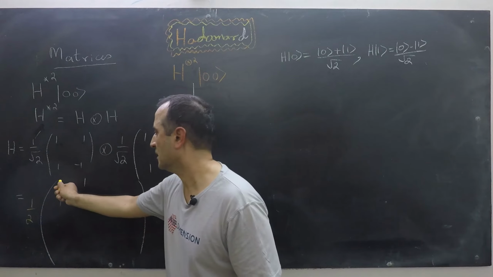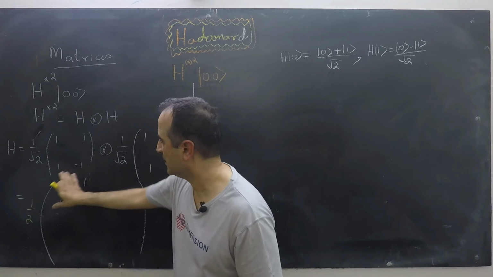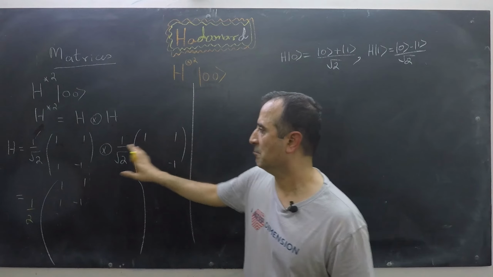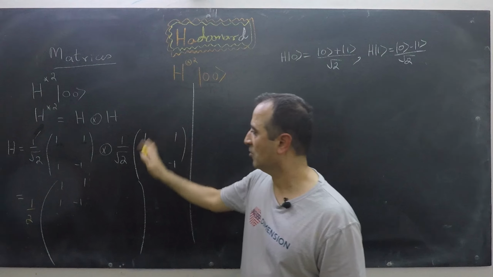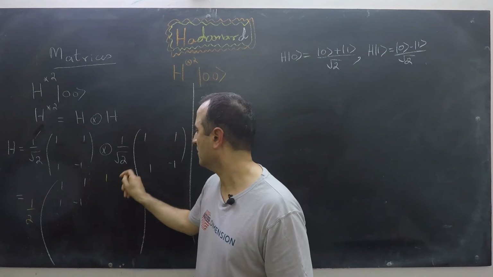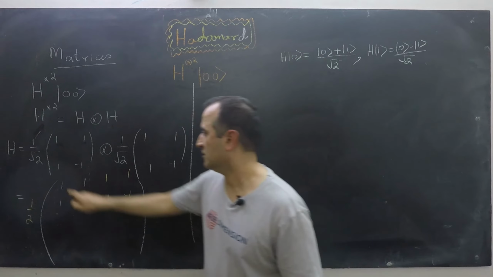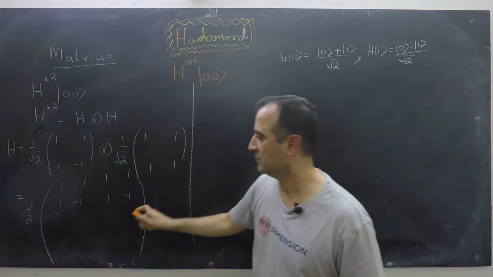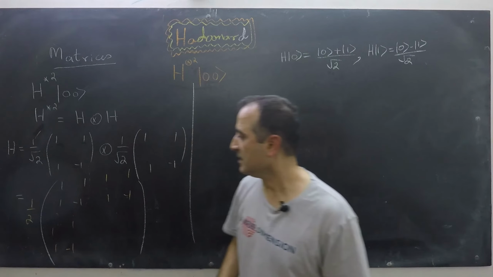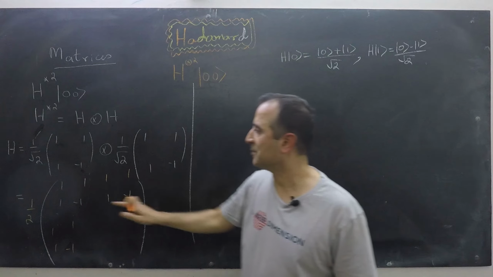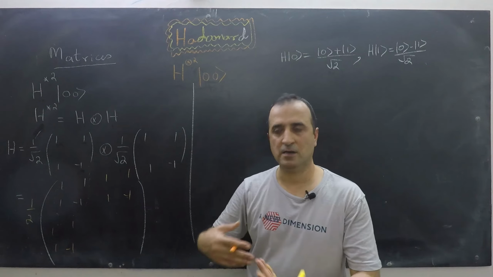I'm just writing dots here for the sake of understanding that this is this whole matrix multiplied by 1. Similarly, 1 multiplied by this whole matrix, we will have here 1, 1, 1, minus 1. Similarly, this 1 multiplied by this whole matrix, we will have here 1, 1, 1, minus 1. And finally, we have minus 1 multiplied by this whole matrix. So the last entry will have all the signs reversed.